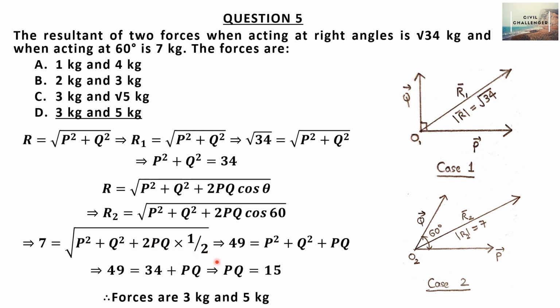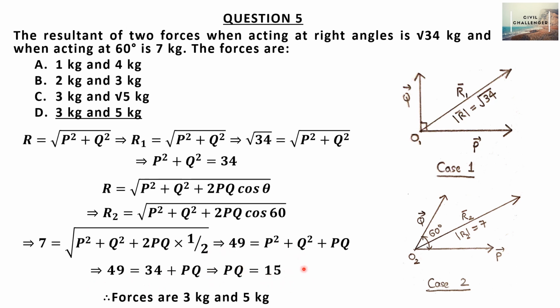Simplifying and squaring both sides, we get 49 is equal to P square plus Q square plus PQ. Now we already know that P square plus Q square is equal to 34 from the first case. Substituting the value of P square plus Q square, we get 49 is equal to 34 plus PQ, which means that PQ is equal to 49 minus 34, which is 15.